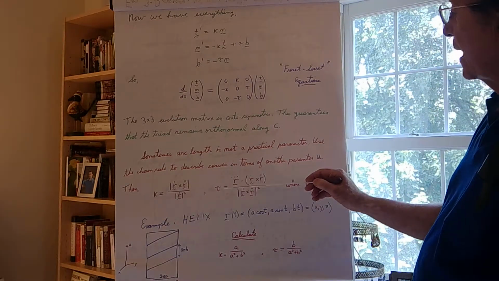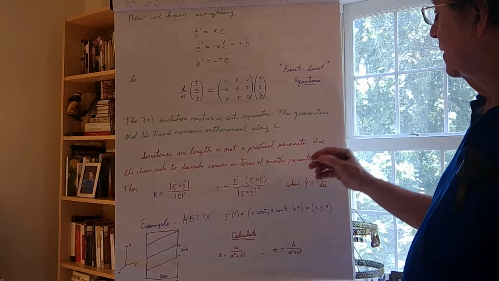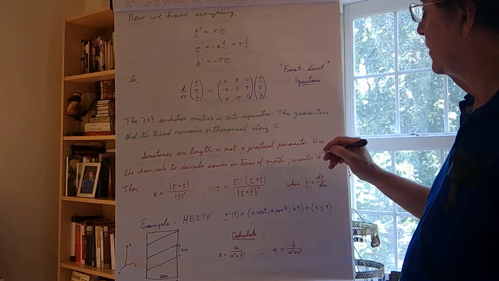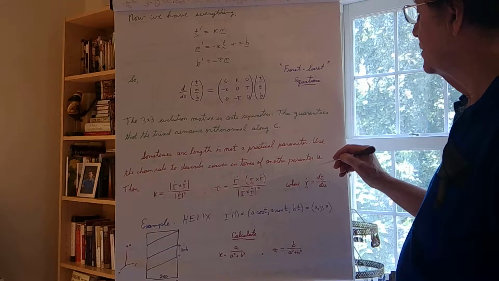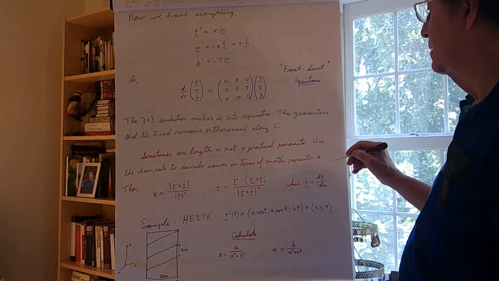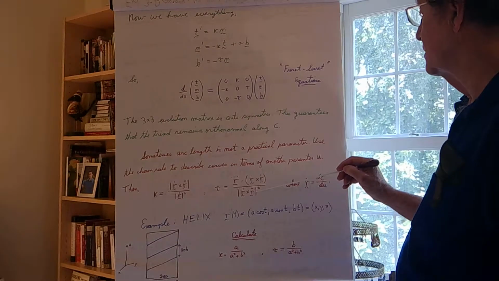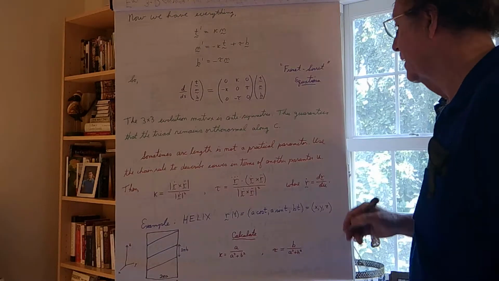And then I can do the same exercise for torsion, a little bit more work, and I'll find that the torsion involves the r triple dot, okay, dotted into r dot cross r double dot, divided by, normalized by, r dot crossed into r double dot quantity squared.